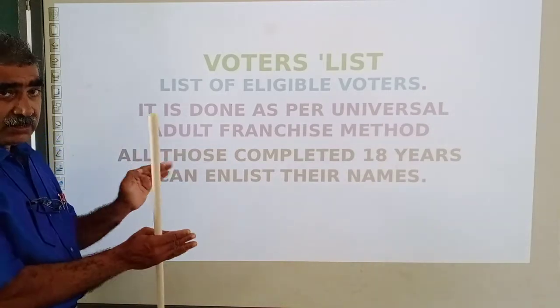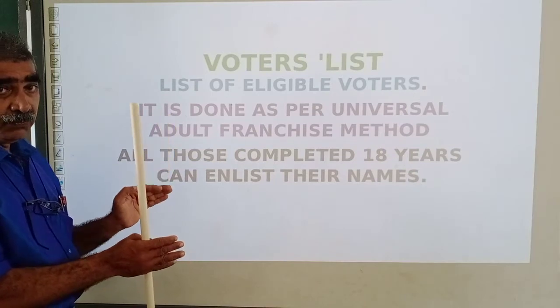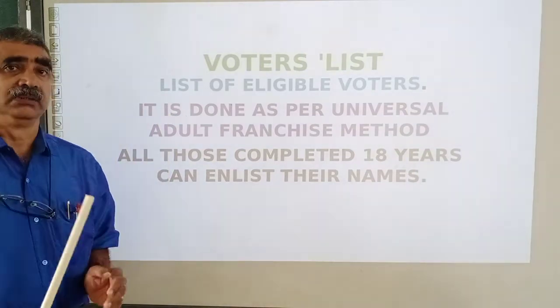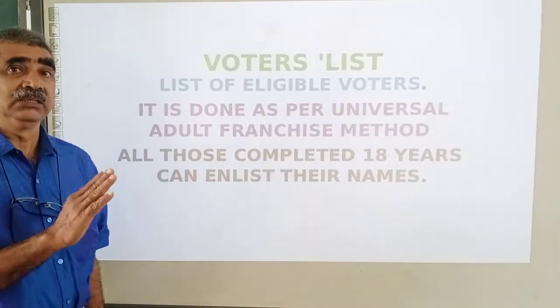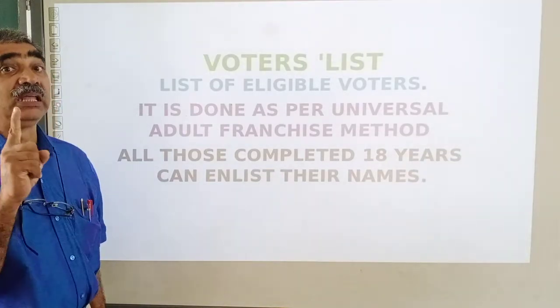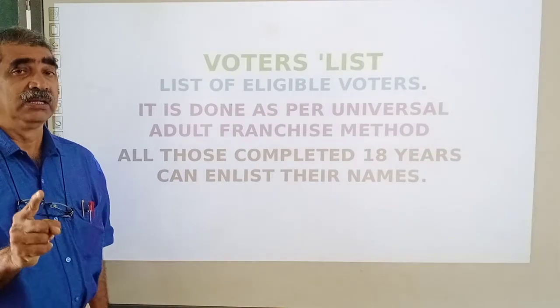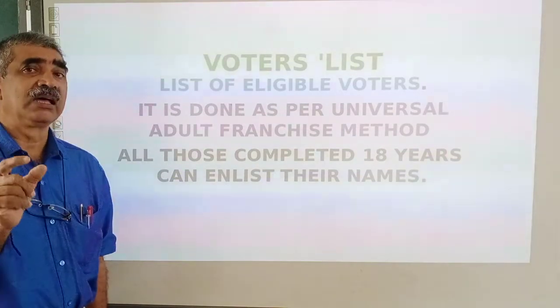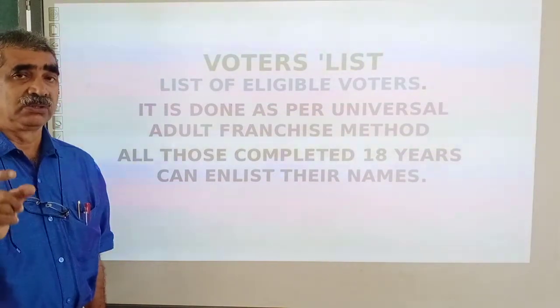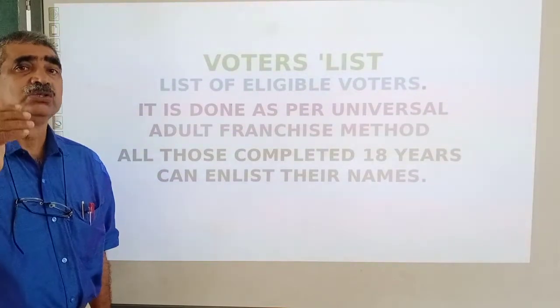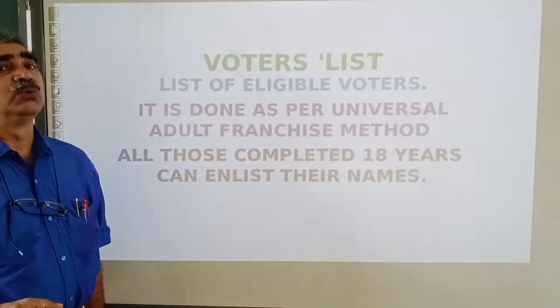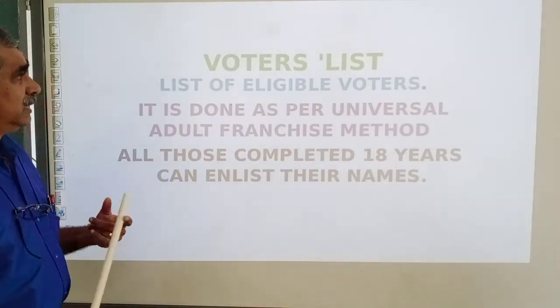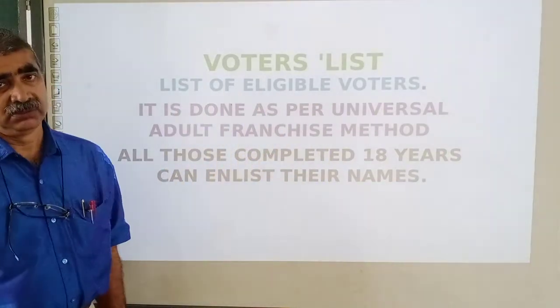Like there is a list of eligible voters who have registered their names with the Election Commission of India, stating that they are ready to vote or they are of the age to vote. So that list is called the voters list. A list of eligible voters.